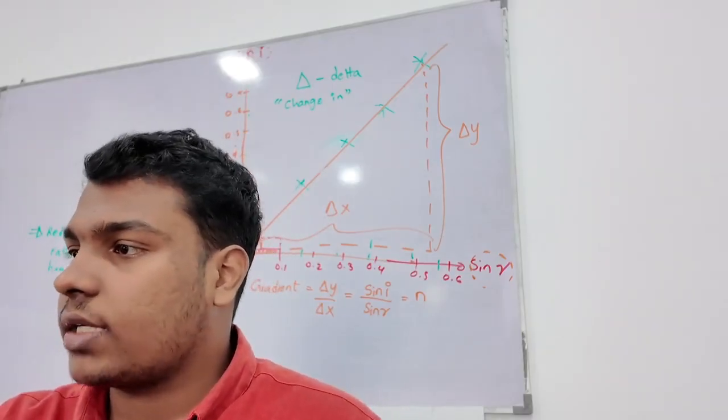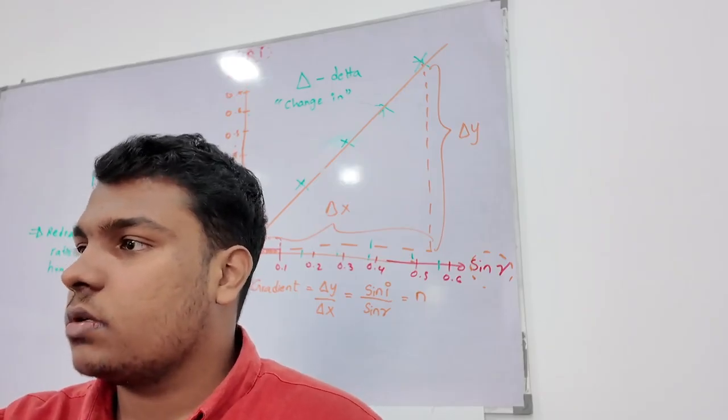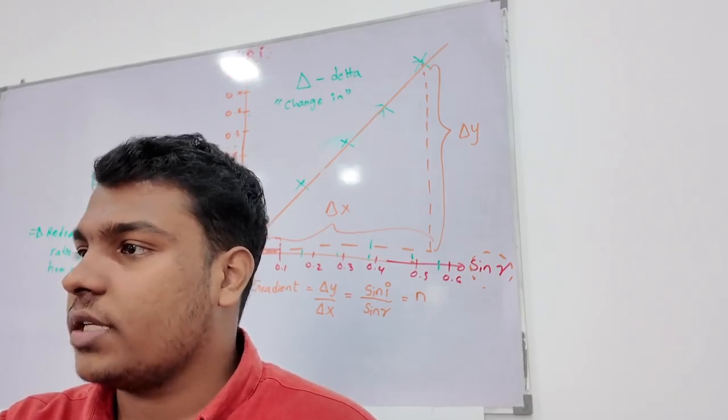Also, what can we see? What else have they said? We can find the average reading. What else?